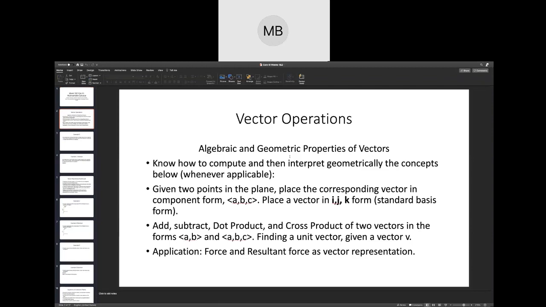So the first thing that we talk about in multivar is vector operations. There are always algebraic and geometric properties of vectors that we need to consider. So here's a few things you need to know. You need to know how to compute and interpret geometrically any of the concepts that we encounter, such as placing 2 points in a plane into component form, placing a vector in what's called IJK form, standard basis form.